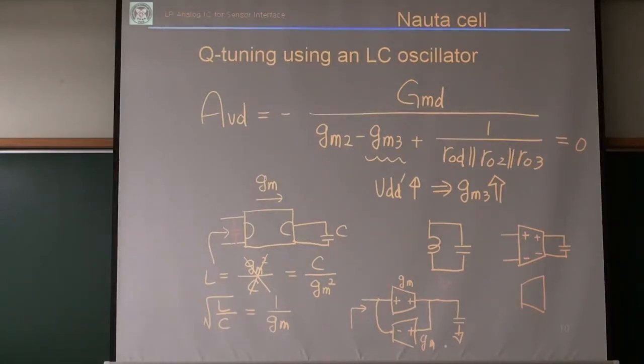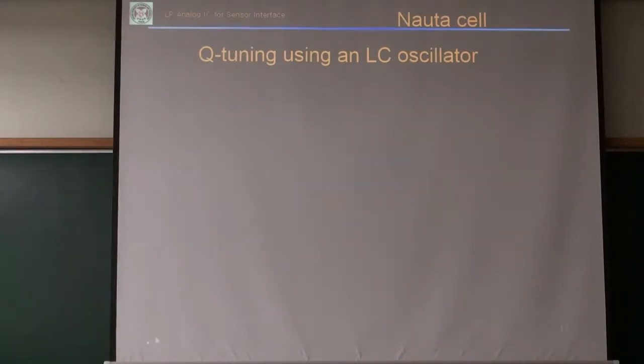What's the differential version? The differential version of this gyrator can be, yeah, I have a differential version. Then I have a capacitor here, okay? And then I need, let's just see. Is this the one? Let me check the circuit.